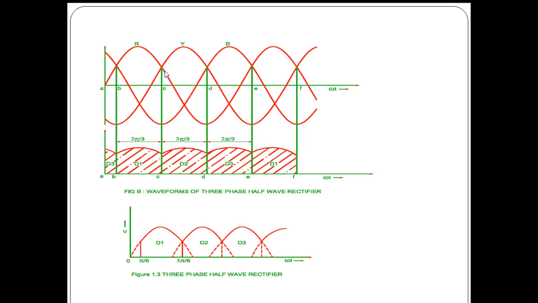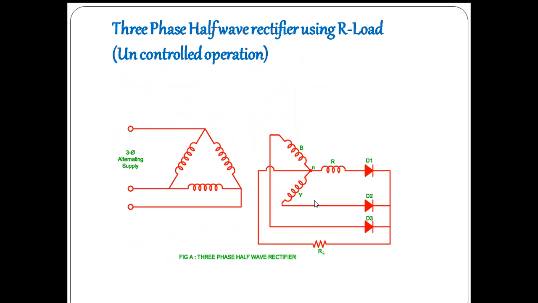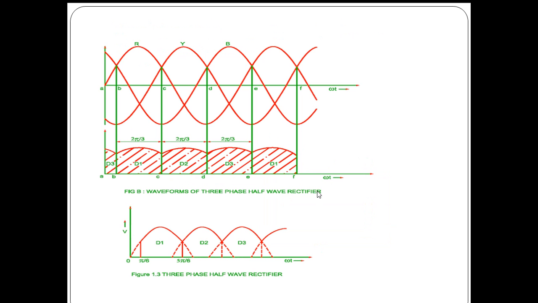Next, at point C, if we observe closely, the phase Y will be subjected to more forward bias, and the diode D2 is connected in phase Y. So the diode D2 will automatically be subjected to forward bias, and D2 turns on. Whenever D2 turns on, automatically D1 turns off.